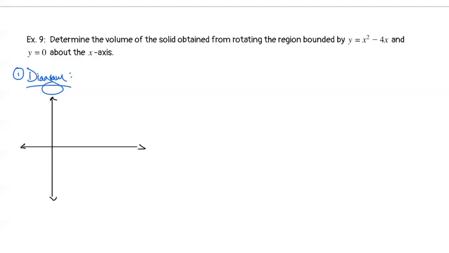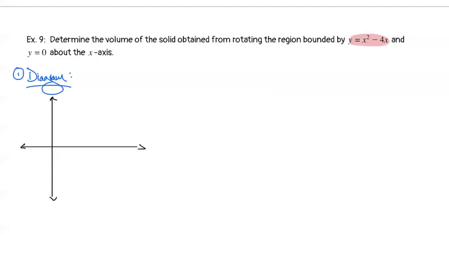All right, so what should I be drawing for my functions here? Yep, y equals 0 is the x-axis. Nice, nice. We do have a parabola facing up. Yep. And I think we can be even a little bit more specific.